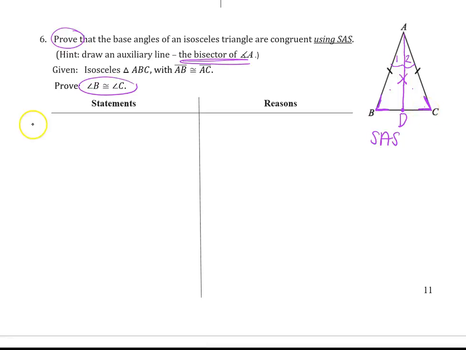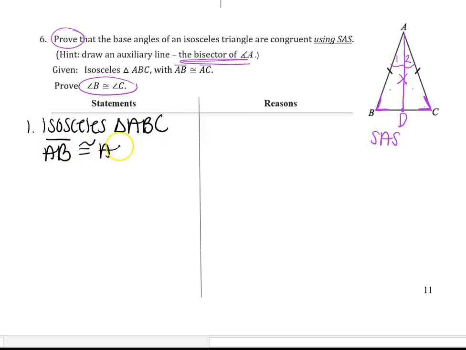Okay, so let's start with our givens. And remember that when we draw an auxiliary line, we have to talk about it in our proof.